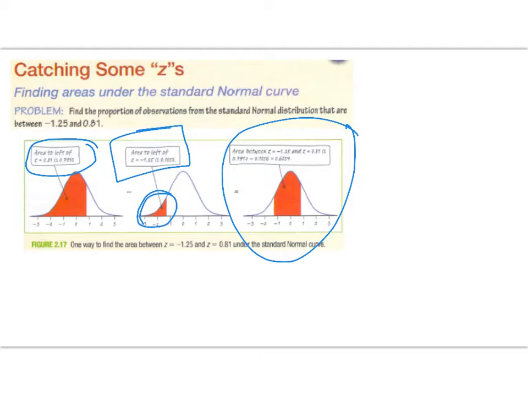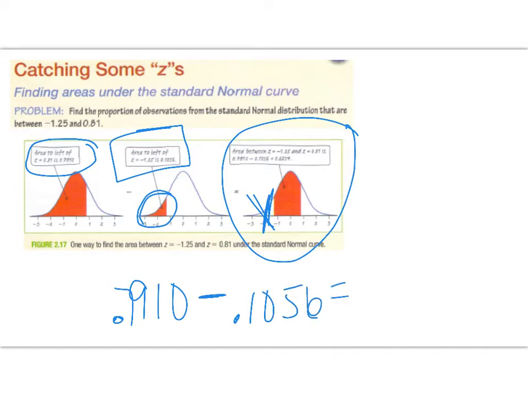Since I just want the area between the two, I can take my 0.7910 and subtract this little tail off of it that I don't want, that 0.1056, and I will end up with 0.6859, or 68.59% fall between those two z-scores.